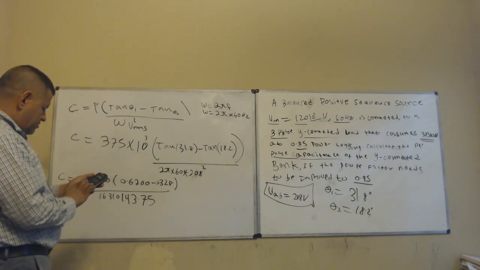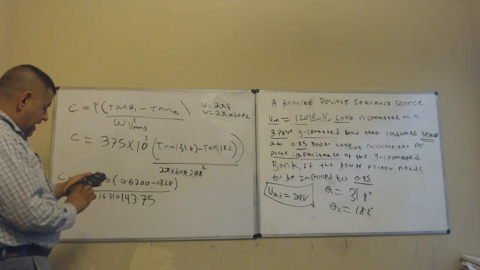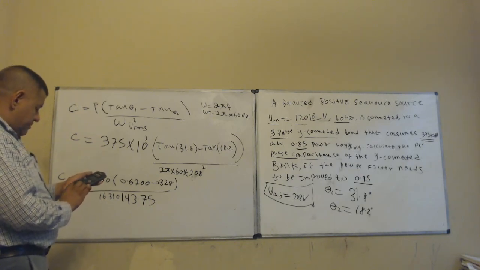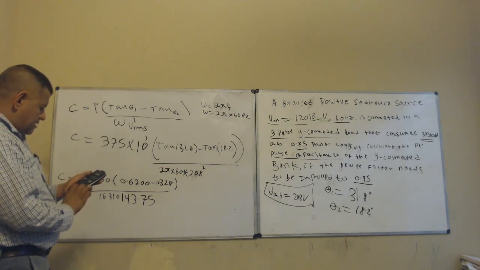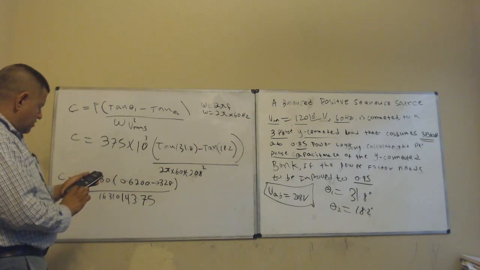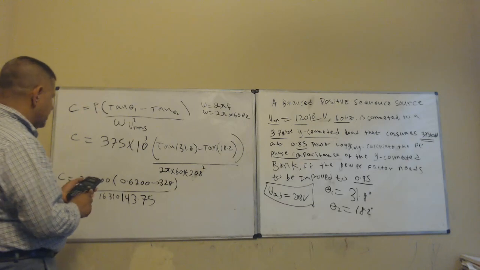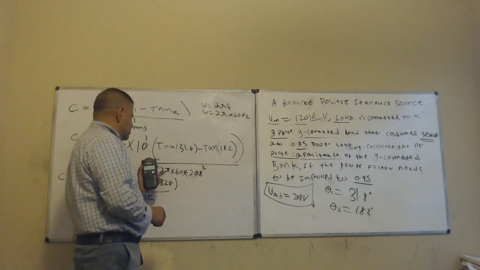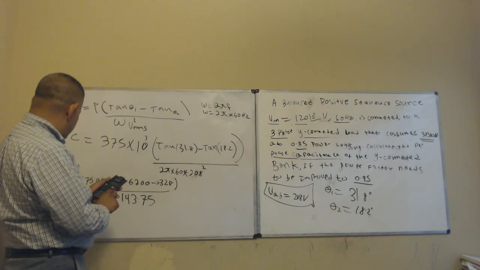208 squared, right? Times 2 pi. Okay. So I think this is a little different number. Okay. So I guess when I did this, I think I had the answer for something else, but this number is a little different.